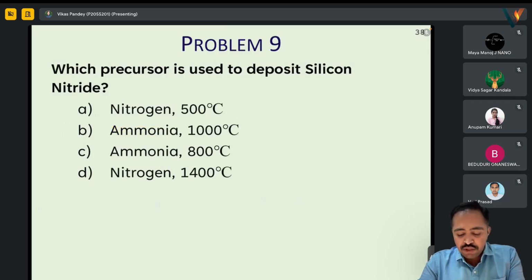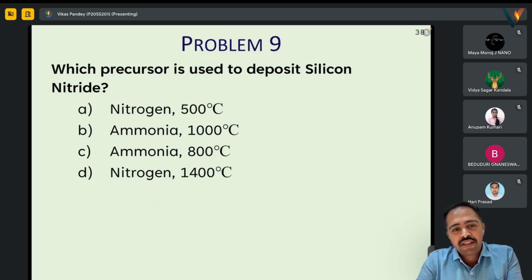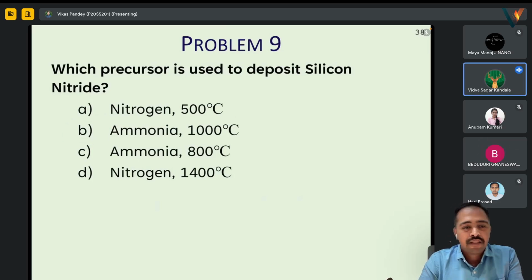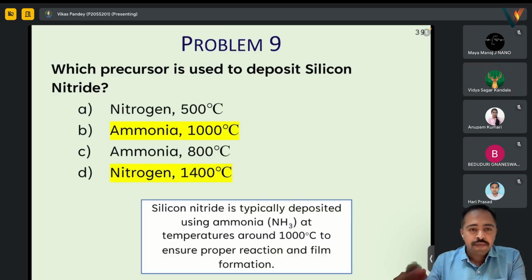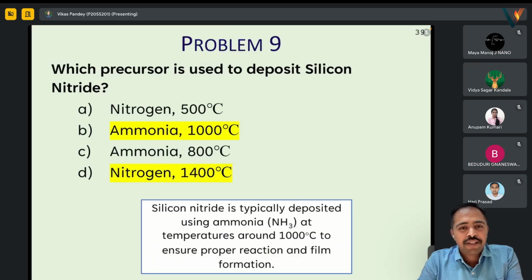Which precursor is used to deposit silicon nitride? Nitrogen at 500 degrees Celsius, ammonia 1000 degrees Celsius, ammonia 800 degrees Celsius, nitrogen 1400 degrees Celsius. Option C. Ammonia at 800 degrees Celsius is not used, but 1000 degrees Celsius is used.